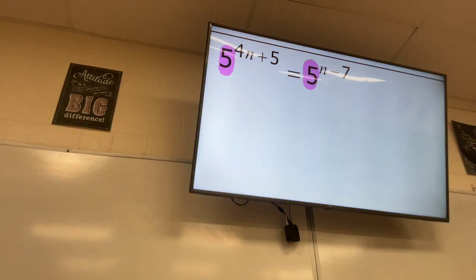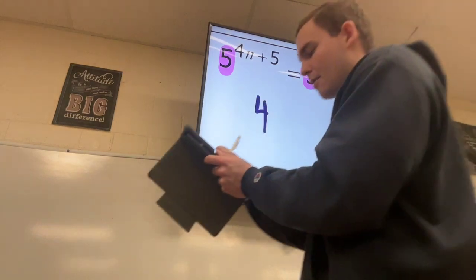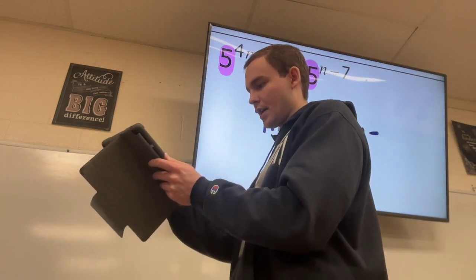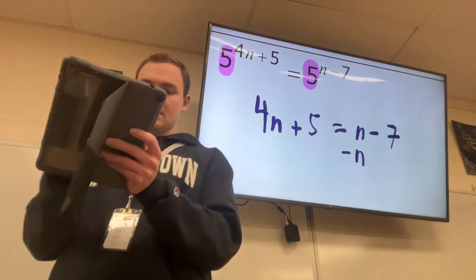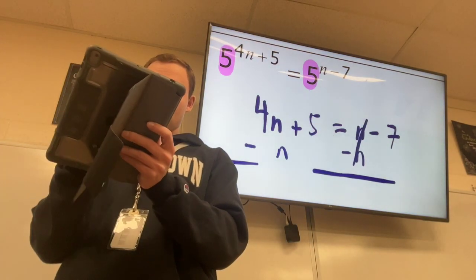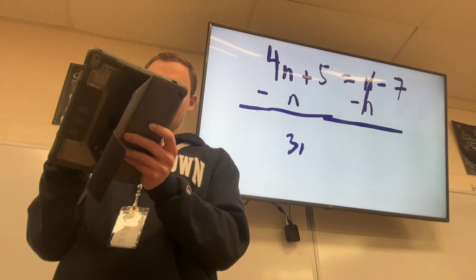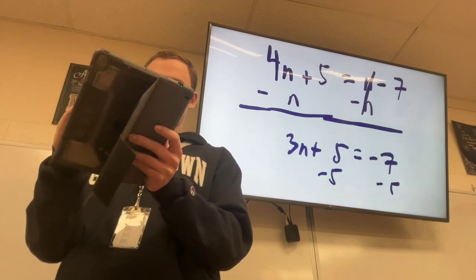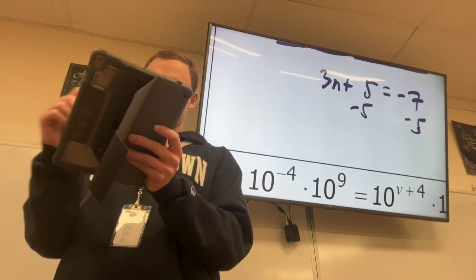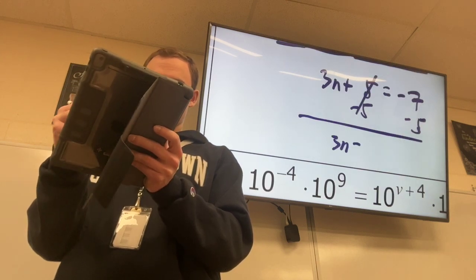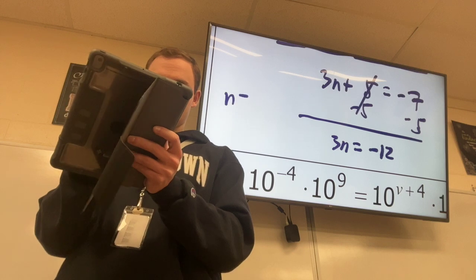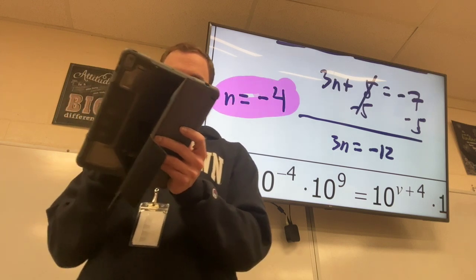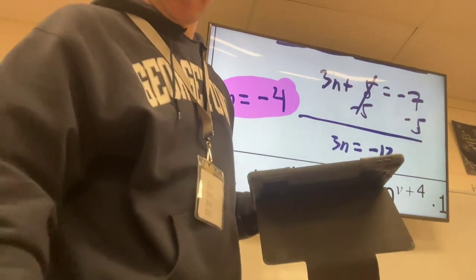So I just set those 2 exponents equal to each other, and then I have an Algebra 1-like equation that I can solve for n. So 3n plus 5 equals negative 7, minus 5, minus 5. I get n equals negative 4.